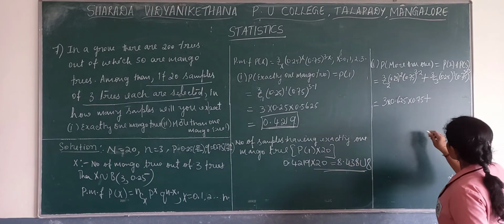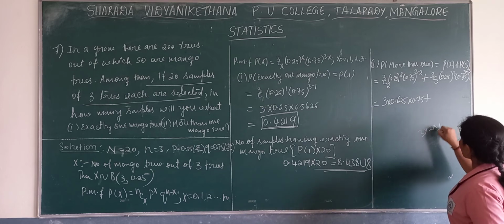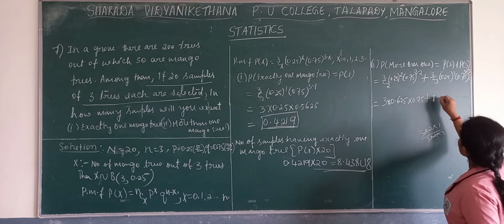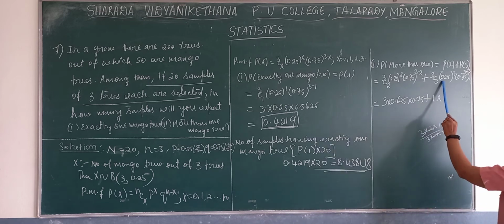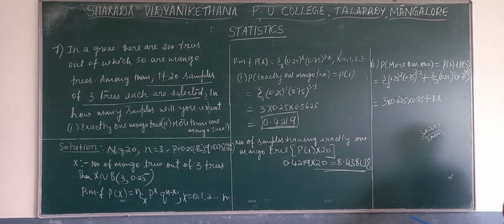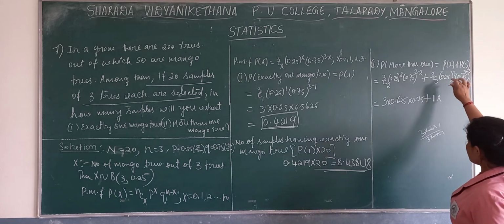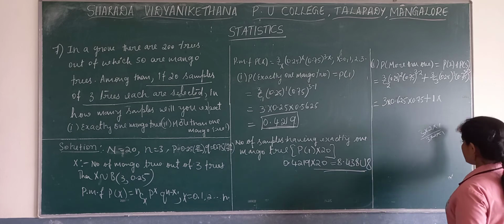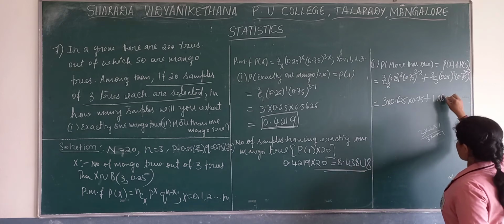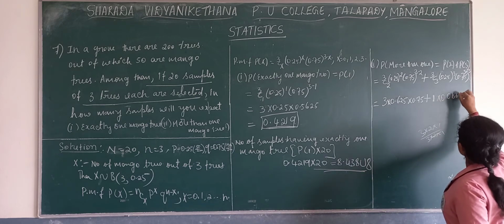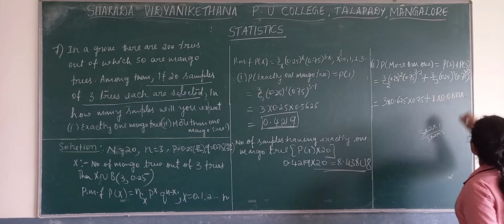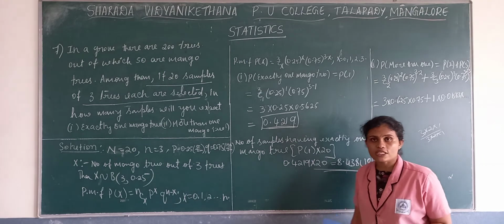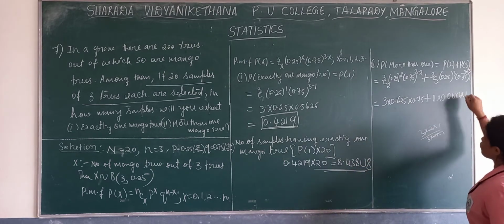Anyhow, if you calculate also you will get 1, 3 into 2 into 1 over 3 into 2 into 1. So you will get 1 into 0.25 to the power 3. Then you will get 0.01563 into 0.75 to the power 3 minus 3, which is power 0. So that value is 1.